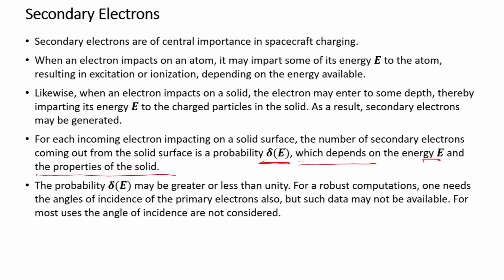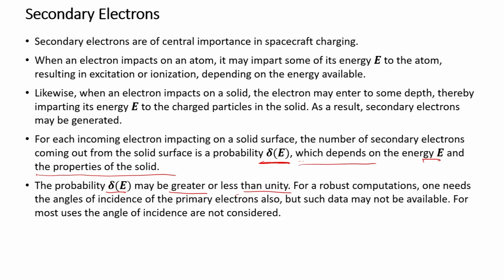So this delta E can be greater or less than unity. Since it is a distribution function, it can be greater than unity. It is not a probability mass function but a probability density function, so it can have values greater than unity.